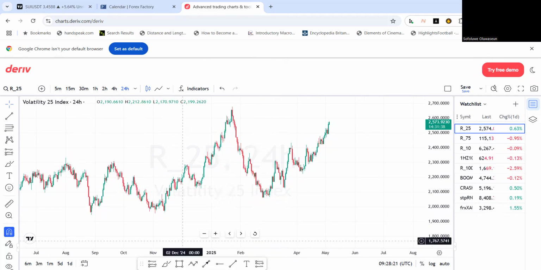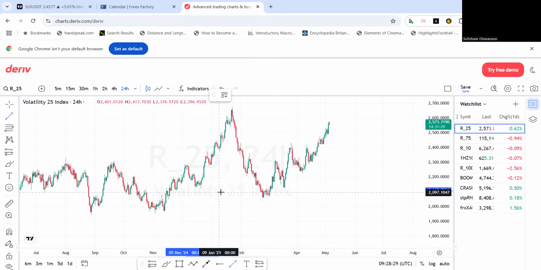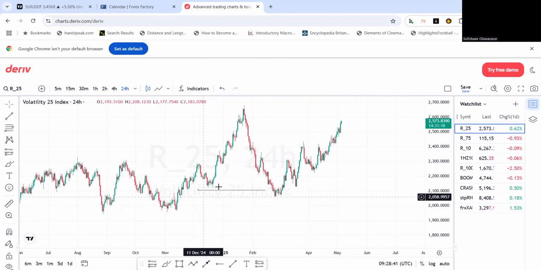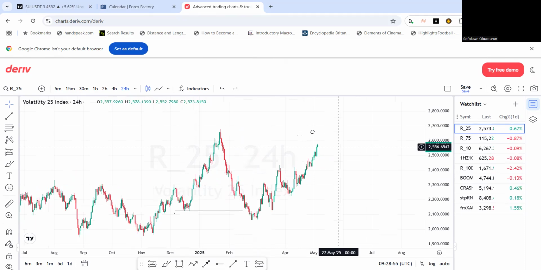You can see that price broke this and closed below it. So this is the low that propelled this high. Price has now closed below it before coming back up. Now, what am I expecting?